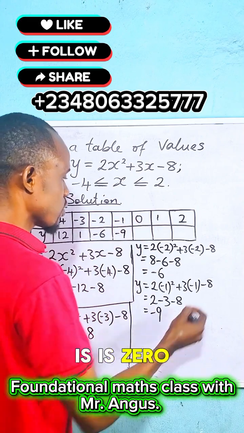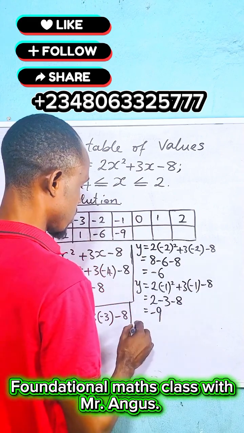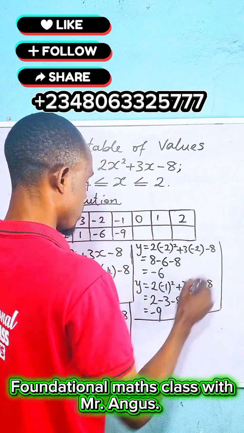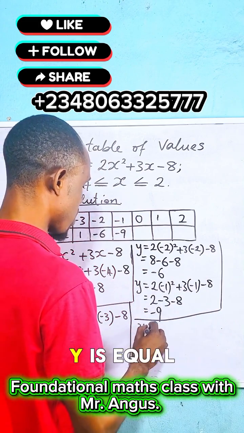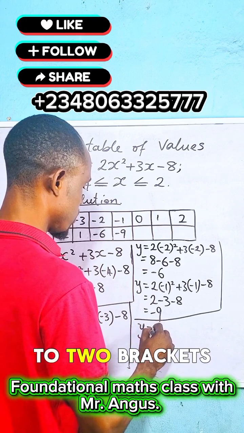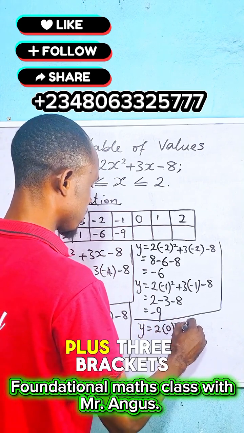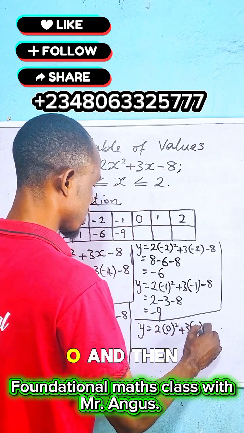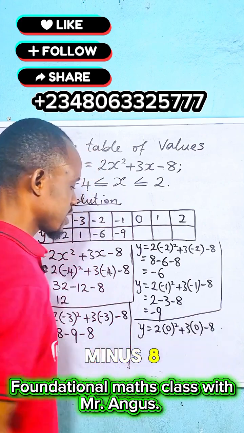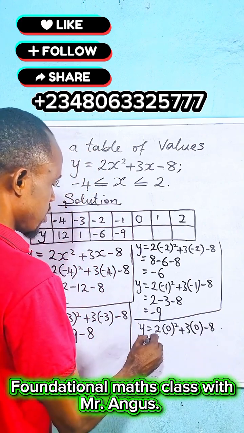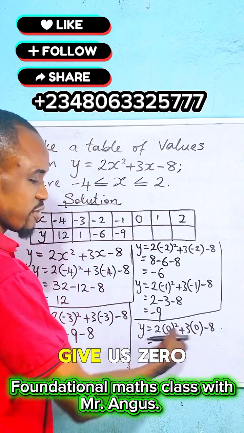And when x is 0, we'll have y is equal to 2 brackets 0 all squared plus 3 brackets 0 and then minus 8. Already, since we're having 0 here, this will give us 0.